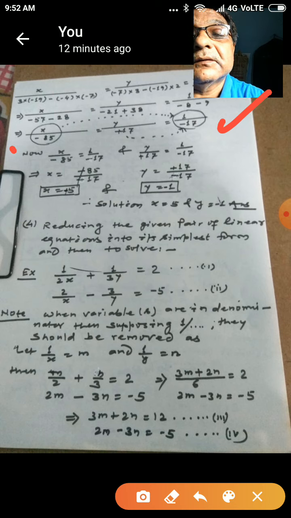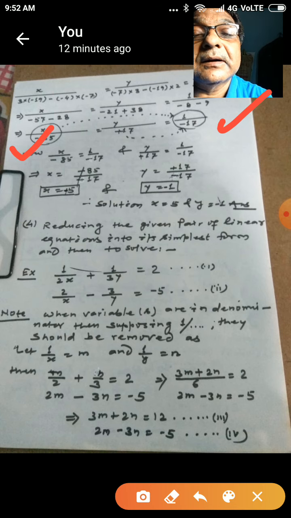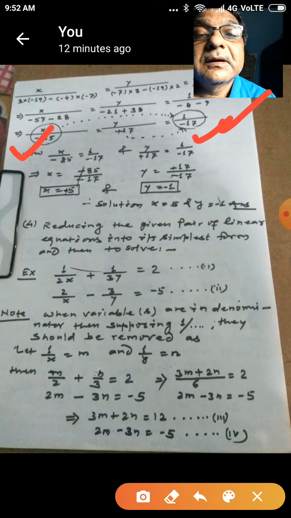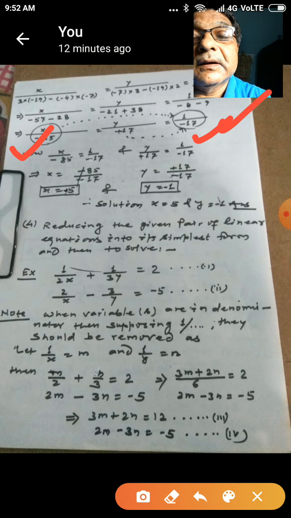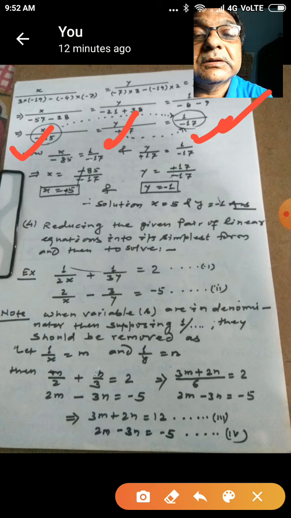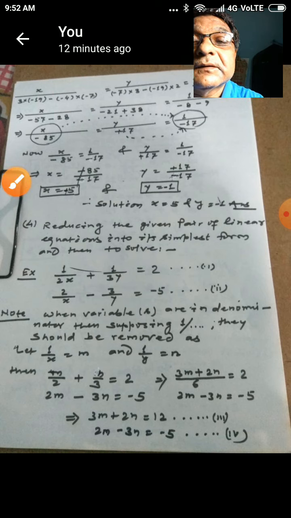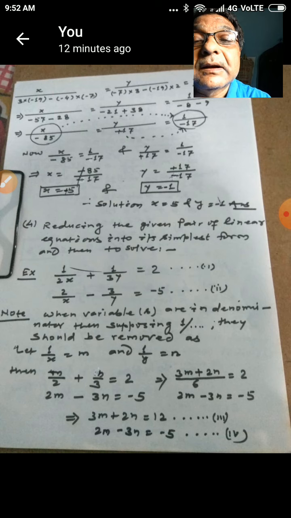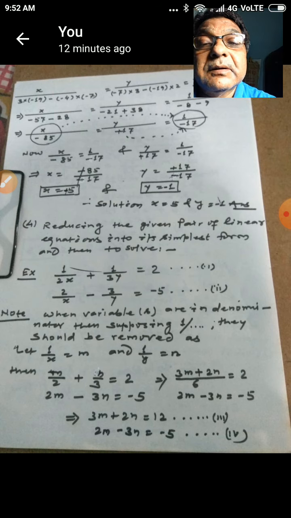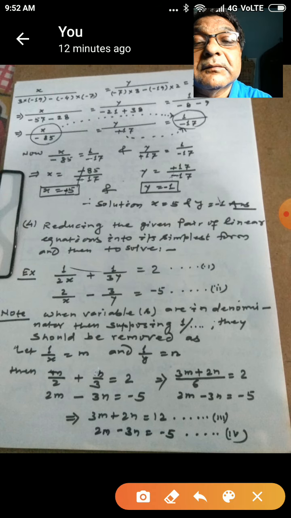One is the x containing term with the constant term, and the other time we take the y containing term with the constant term. So we have x by minus 85 equal to 1 by minus 17, and the other pair is y by plus 17 equal to 1 by minus 17.